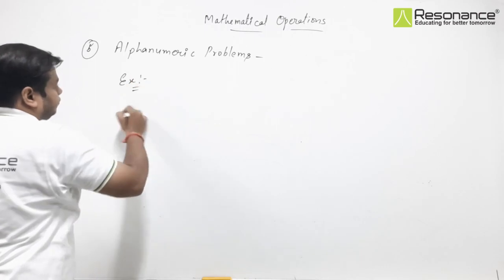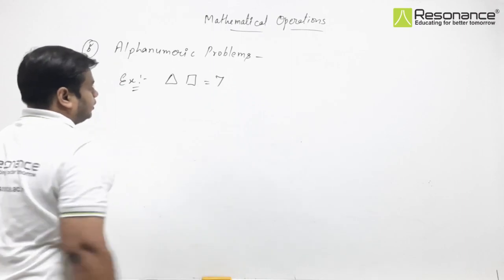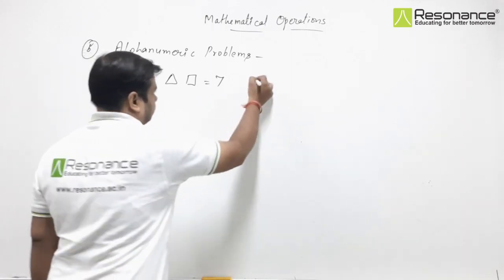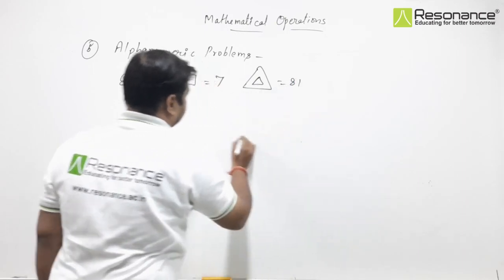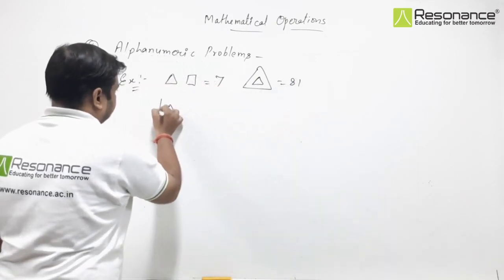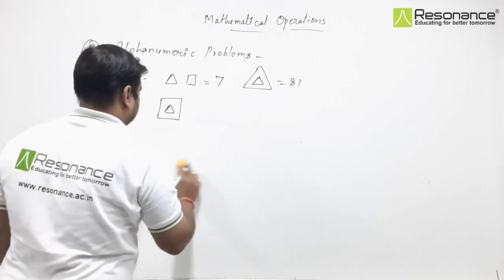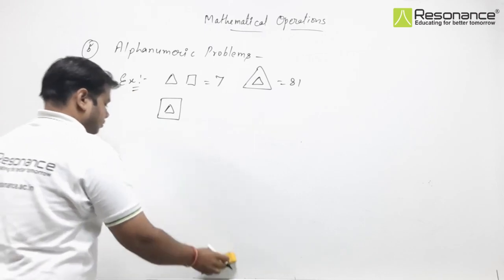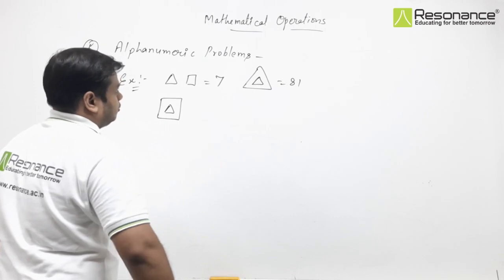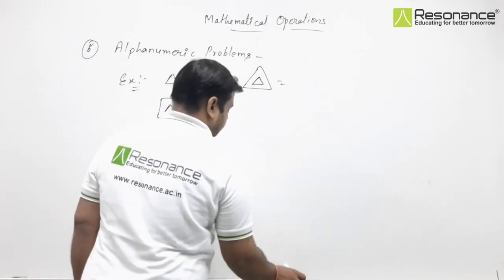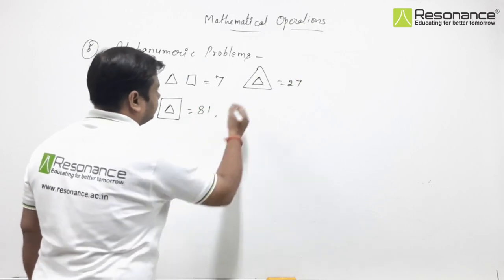Just for an example, if we see, triangle and square will give us 7, triangle over triangle will give us 27, and this is 81.